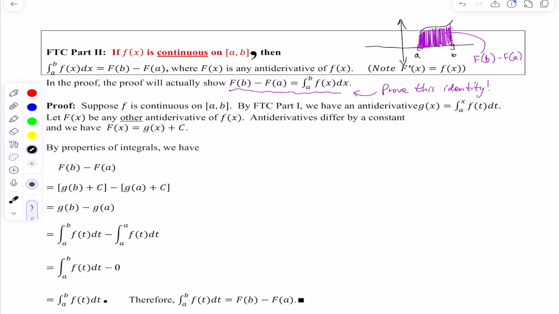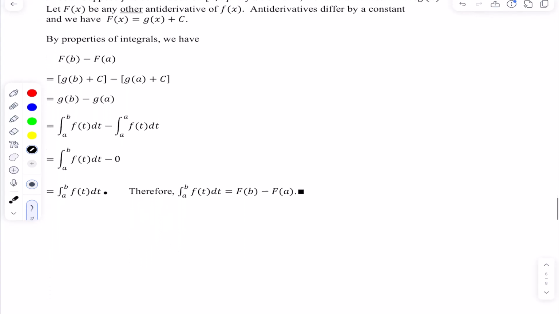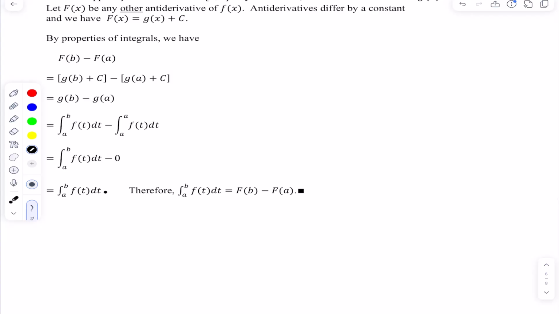G of a is the definite integral from a to a of f of t dt. We know from properties of integrals that is simply 0. Now we're left with the integral from a to b of f of t times dt, which is what we were looking for.